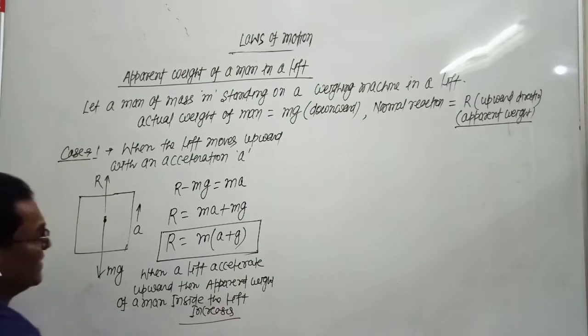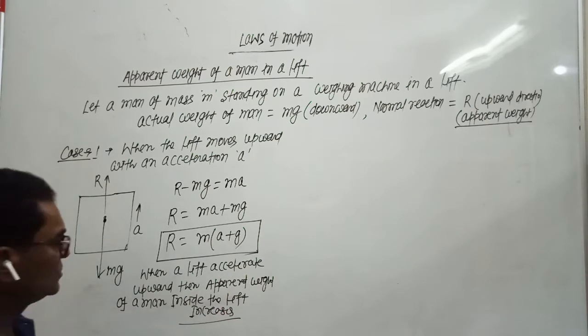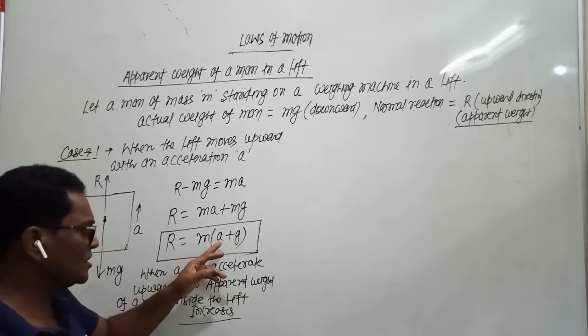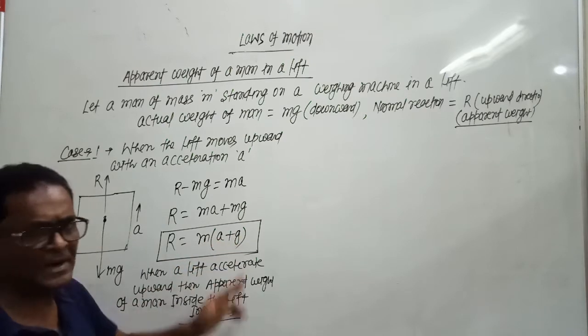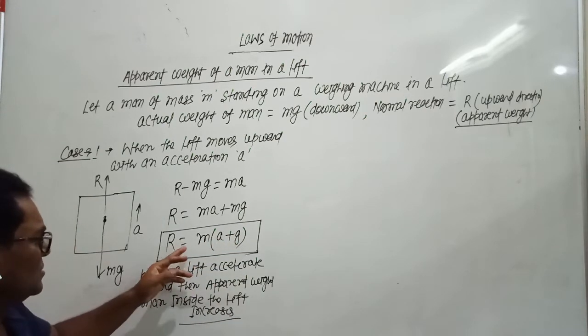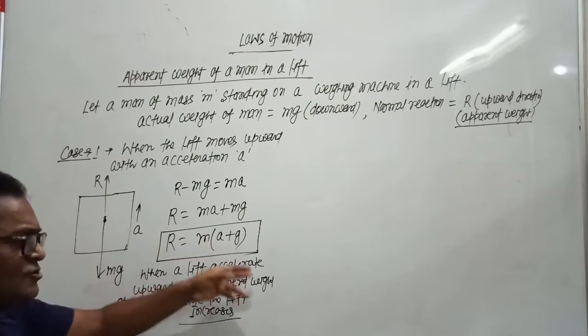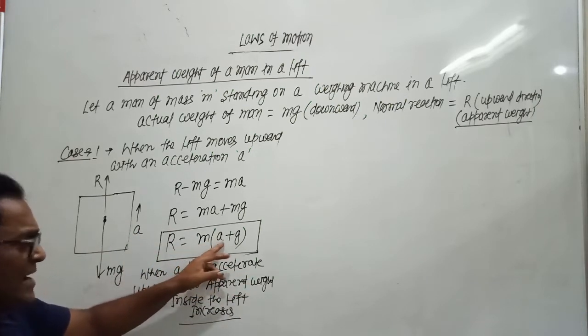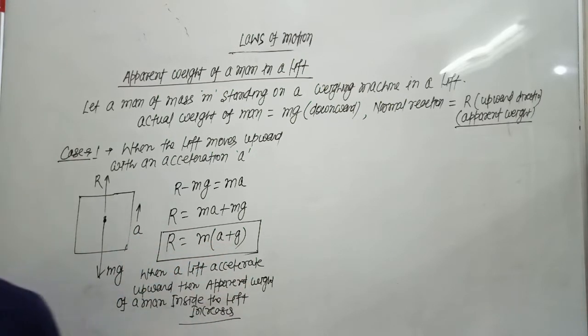This R is nothing but the apparent weight. The apparent weight increases because R is equal to m into (a plus g), and the actual weight is mg while the apparent weight is m into (a plus g). So when the lift accelerates upward, the apparent weight of a man inside the lift increases.